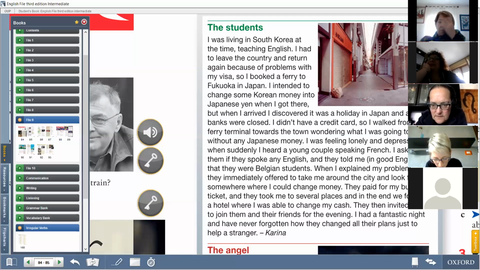When I explained my problem, they immediately offered to take me around the city and look for somewhere where I could change money. They paid for my bus ticket and they took me to several places, and in the end we found a hotel where I was able to change my cash. They then invited me to join them and their friends for the evening. I had a fantastic night and I've never forgotten how they changed all their plans just to help a stranger.